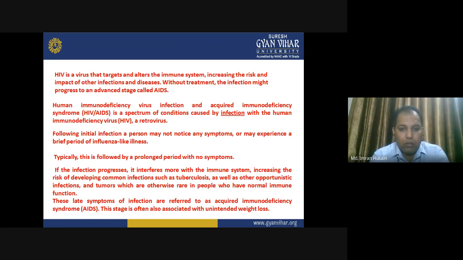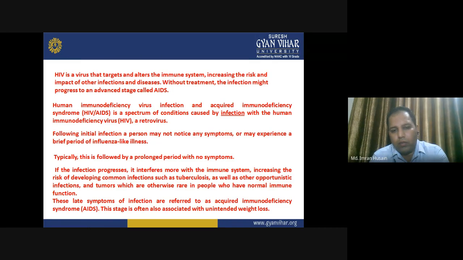If the infection progresses, it interferes more with the immune system, increasing the risk of developing common infections such as tuberculosis, as well as other opportunistic infections and tumors, which are otherwise rare in people who have a normal immune system and function.